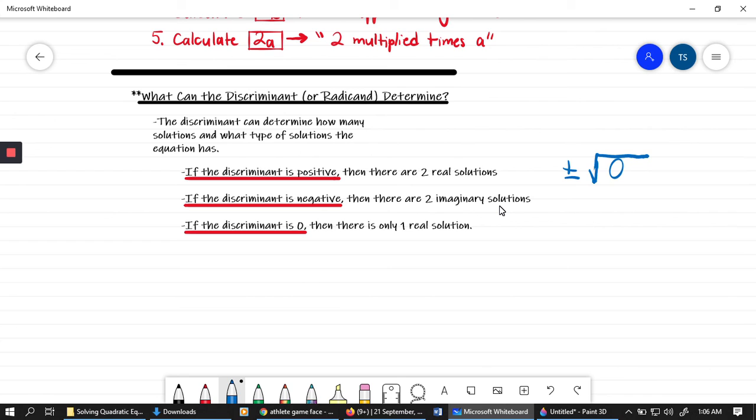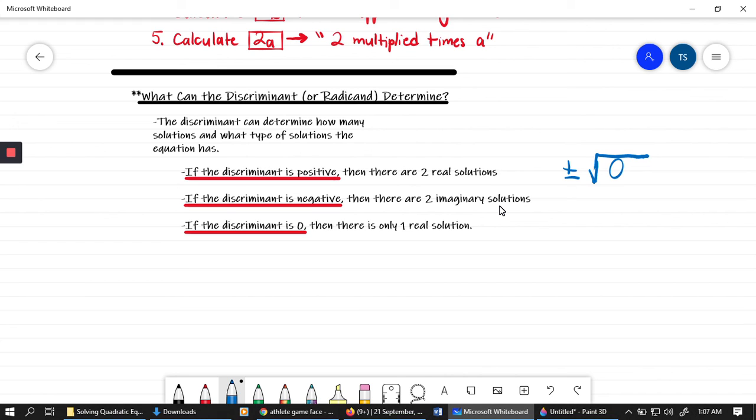So let's just say that we had a set number like 20. Let's say that everything else in the quadratic formula was equivalent to 20. And then when you put the plus or minus the square root of 0 in there, when you add 0 to it or subtract 0 from the number 20, for instance, it doesn't change.